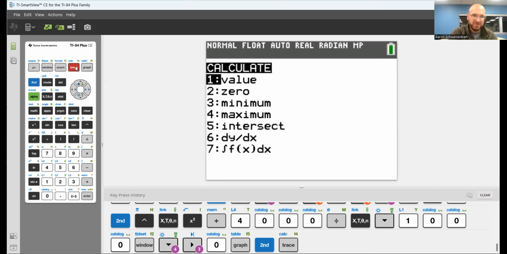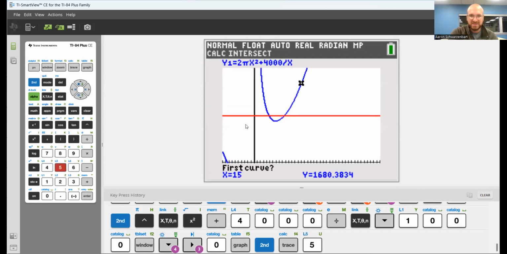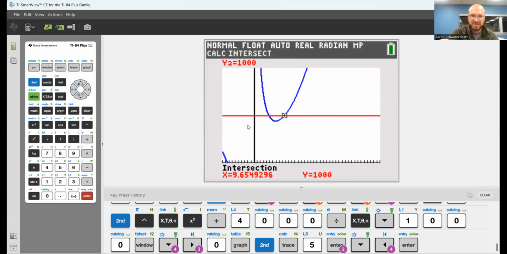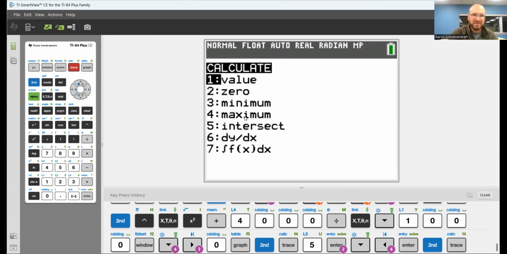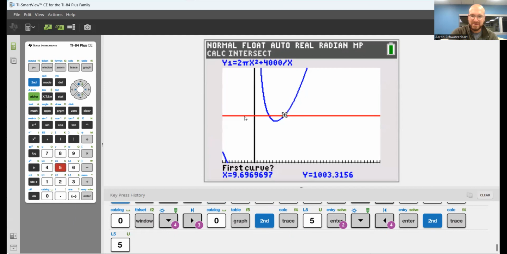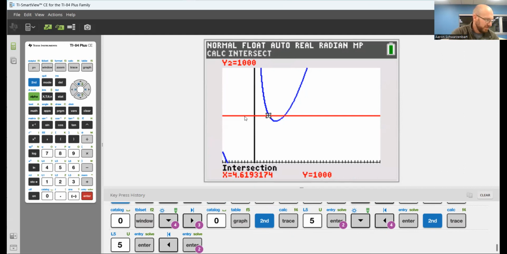There are two different radiuses. So we're going to find the intersect. The guess, since I've got two intersections, the guess is going to be whatever's closer. 9.65 and 4.61.